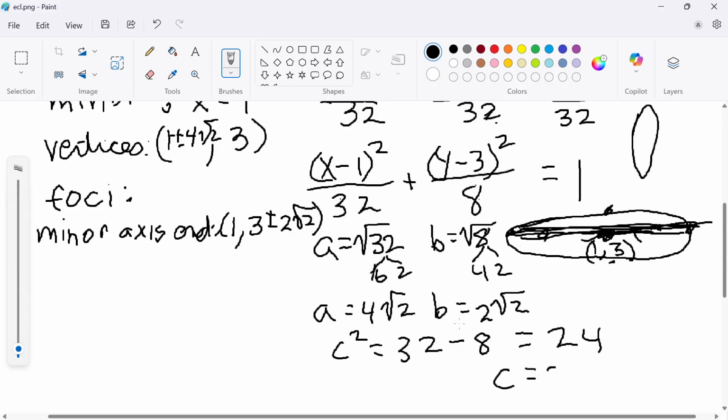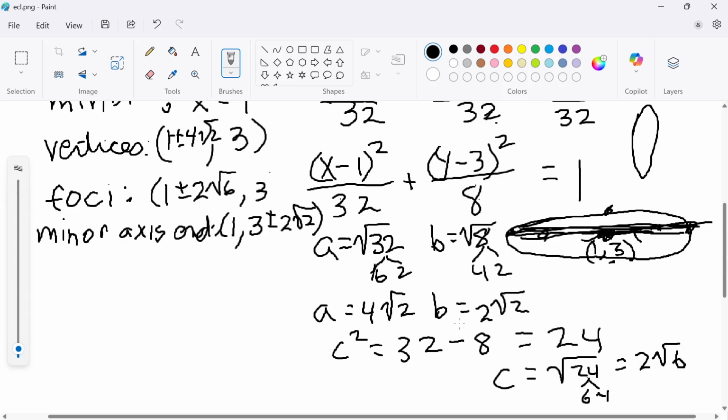C is the square root of 24. 24 is 6 times 4. Square root of 4 is 2, equals 2 square root of 6. So that's simplified.